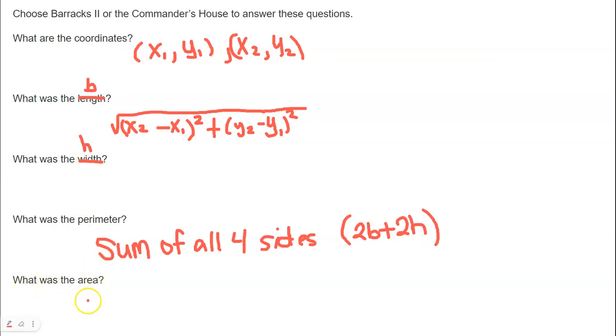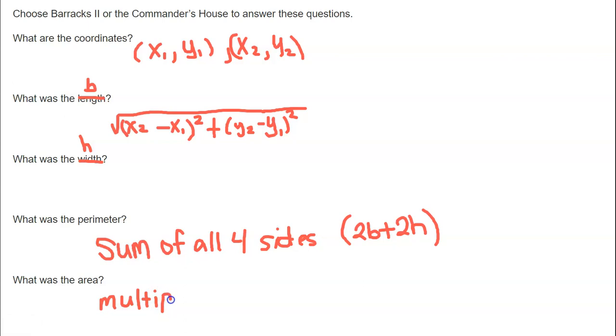The area is going to be base times height. So here you're going to multiply the base times the height.